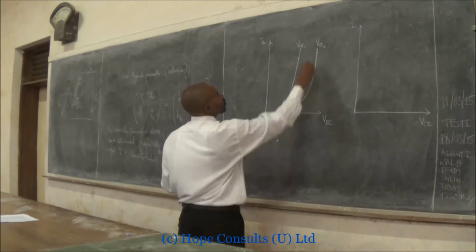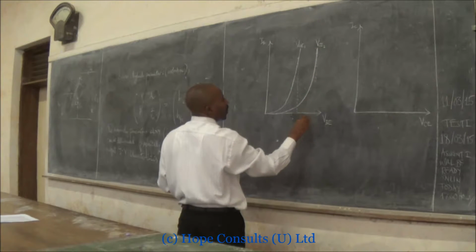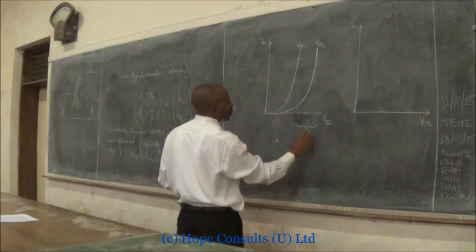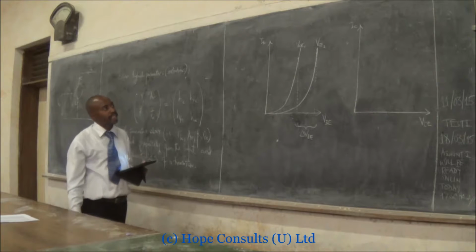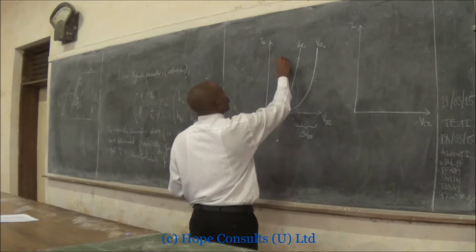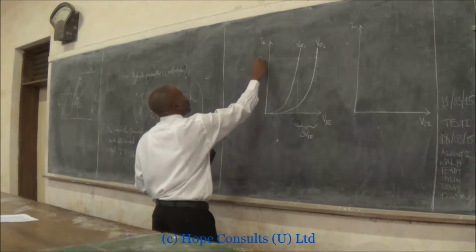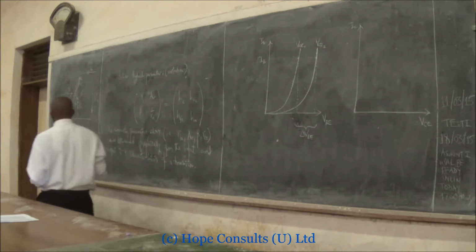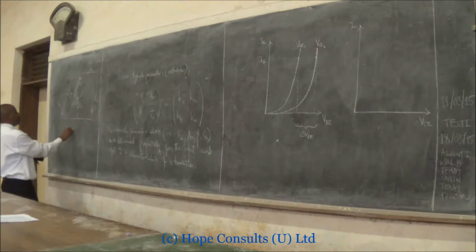Or we can first draw them at once and get our whole value here as delta VBE. And this is for a given one value of IB.